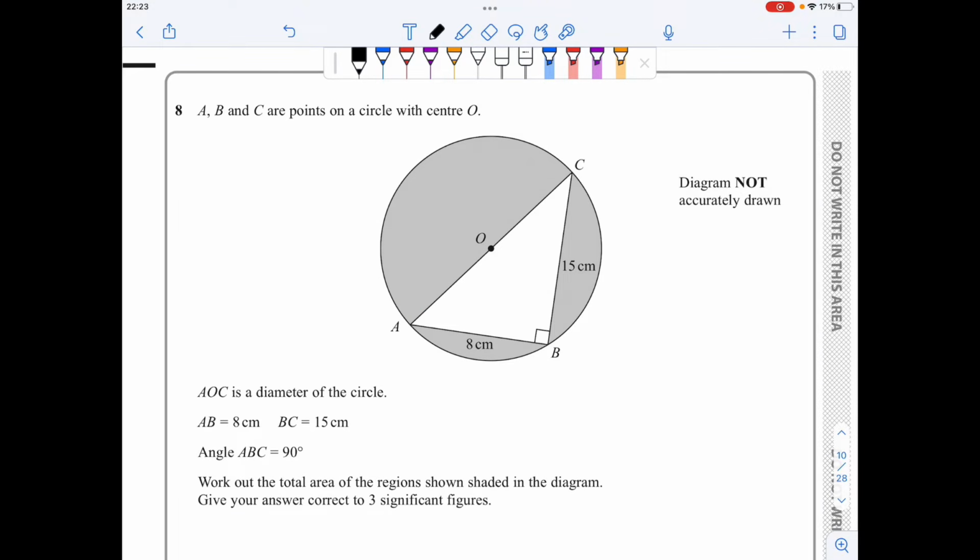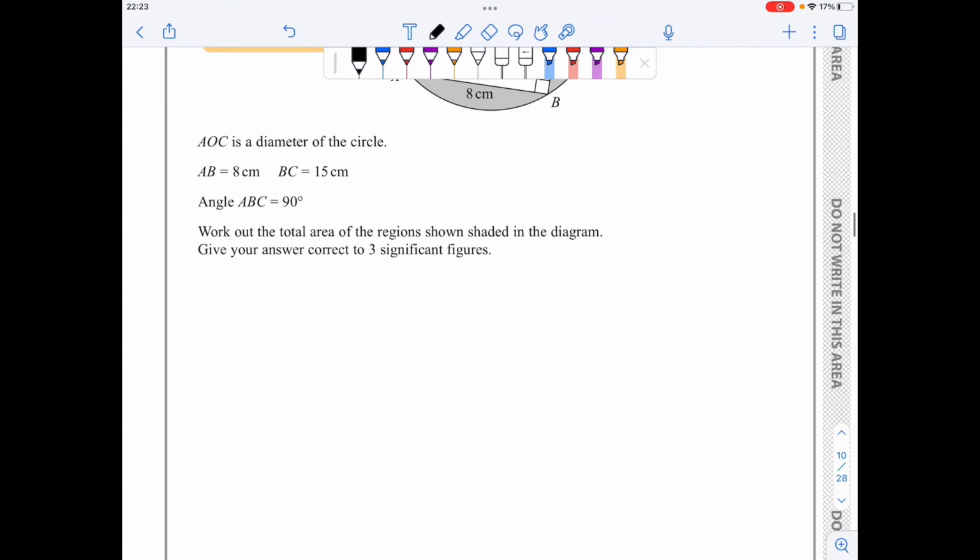For question 8, I will need to find the area of the circle and then subtract the area of the triangle. Now recall that the area of the circle is given by the following formula: pi r squared. Now I don't know the radius. I can find AC, which is the diameter, by using the Pythagoras theorem. So let's write this down.